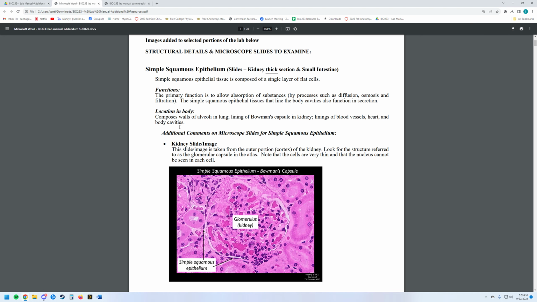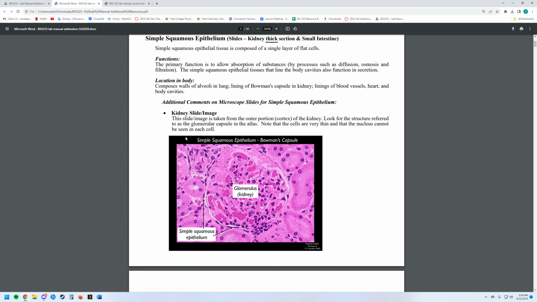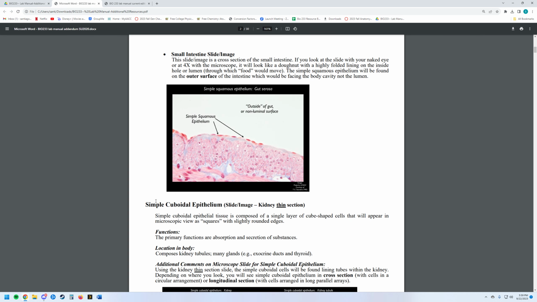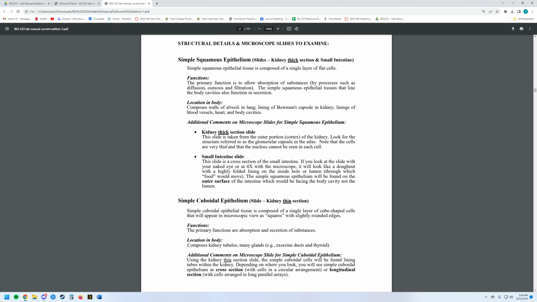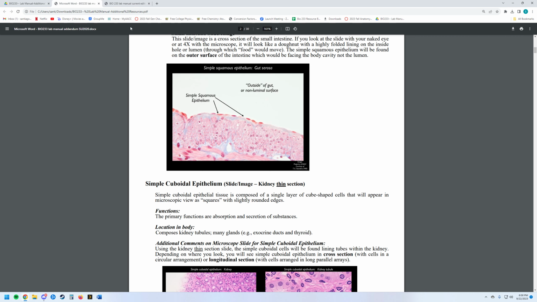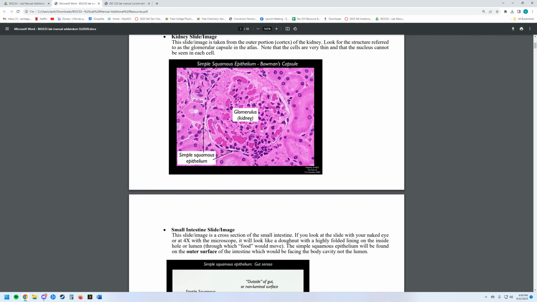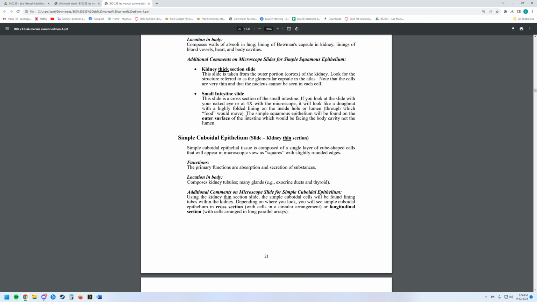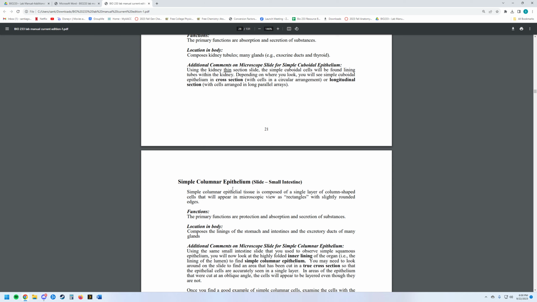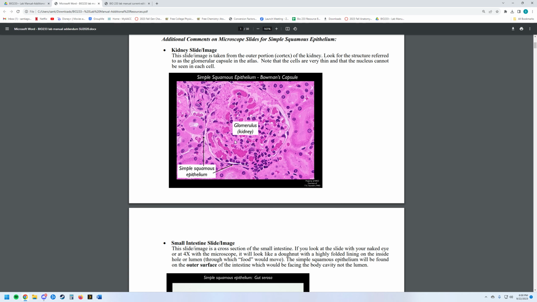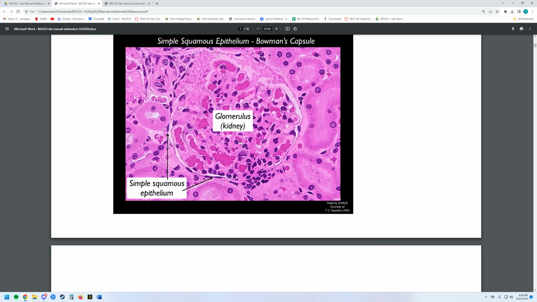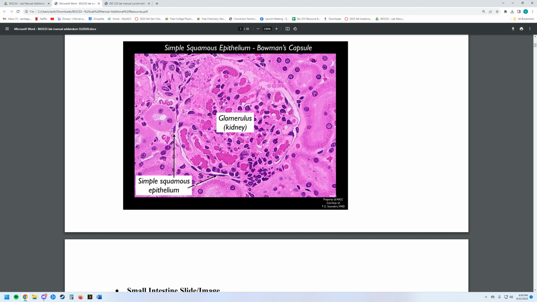So I'm just gonna use this one, because after you have the two slides, it goes to cuboidal, and this one has the thick. See, this is showing two slides. I don't know, man. Anyway, then it goes to columnar, cuboidal. So I'm just gonna use this one. We're basically going through this and trying to identify what we're supposed to be looking at.